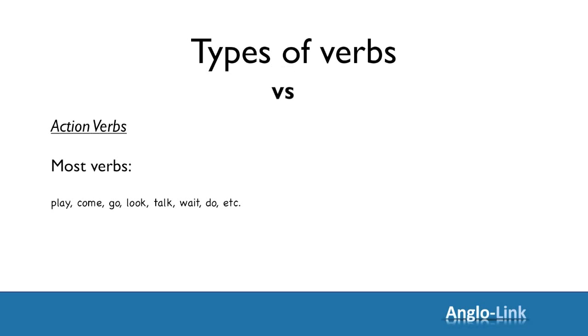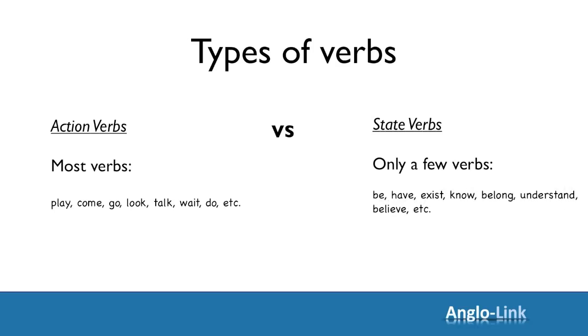By contrast, a state verb, and there are only a few of them, designates a mental state that you cannot really start and stop whenever you want. There is a sense of continuity in them, such as be, have, exist, know, etc.